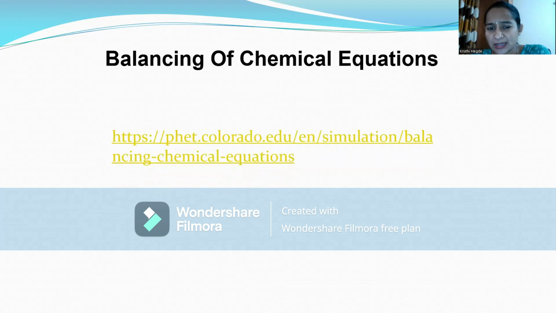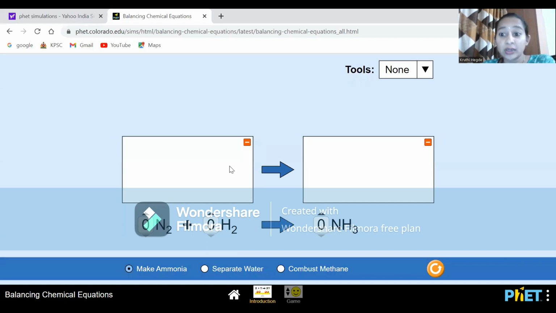Let us now understand how balancing of a chemical equation can be done with the help of a PhET simulation. Dear children, here you can see a reaction given. Look at the arrow mark where I'm showing. Here you can see the reaction of formation of ammonia. Ammonia has the formula NH3.